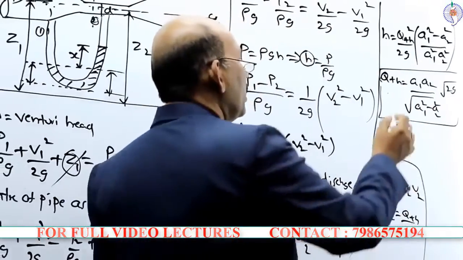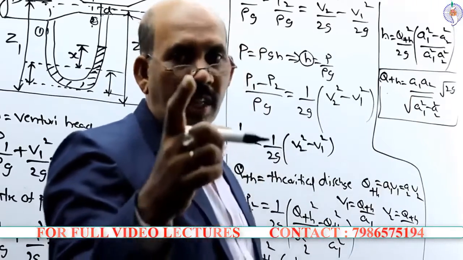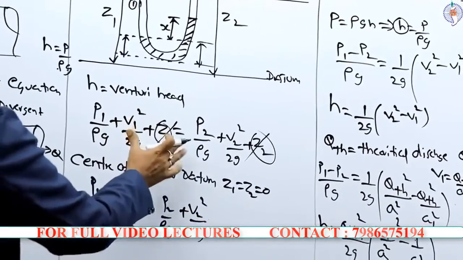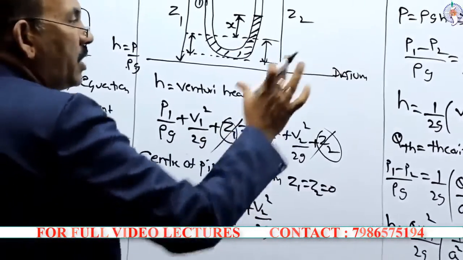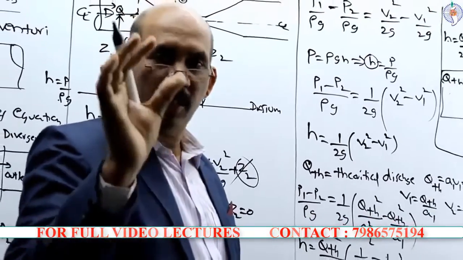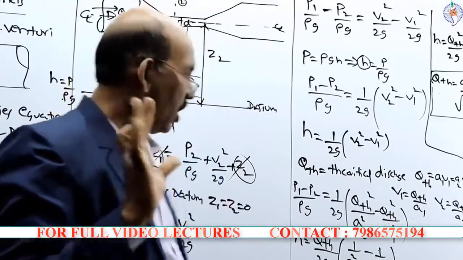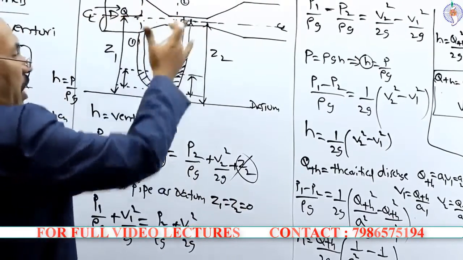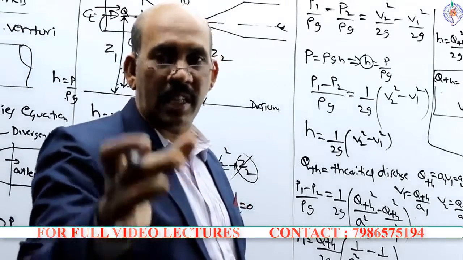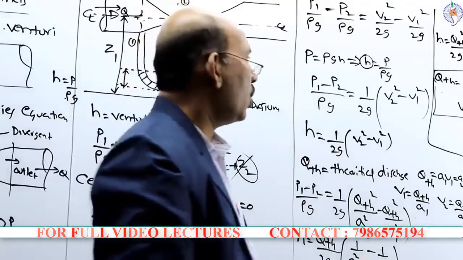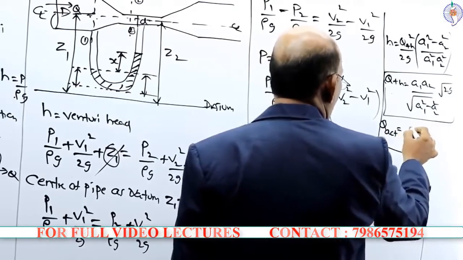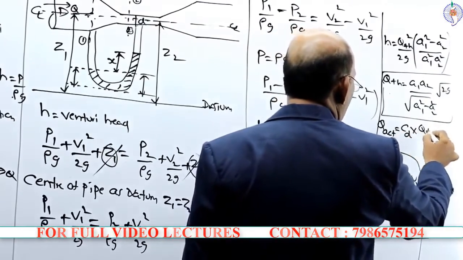But I mentioned here the Q theoretical discharge, since I have not considered any losses here. So whatever discharge we say here is a theoretical discharge, but the actual discharge is always less than the theoretical discharge, because there is always a loss between the 2 points. If I consider the real or actual discharge, the actual discharge is equal to the coefficient of discharge into Q theoretical.